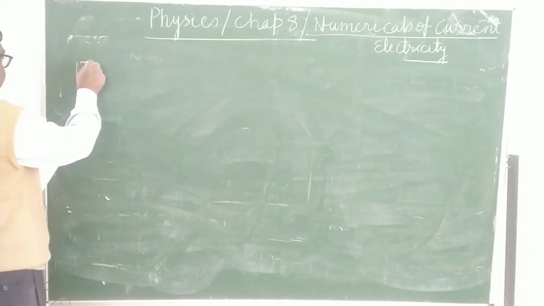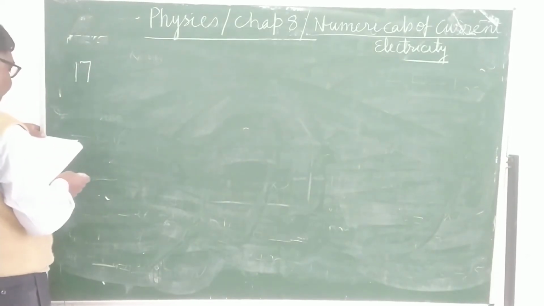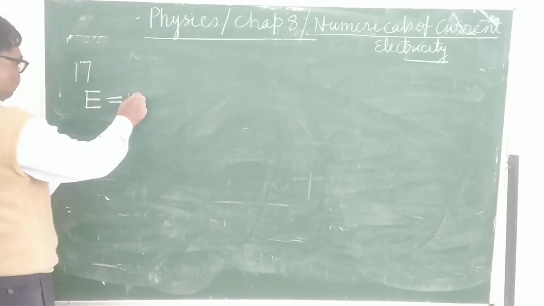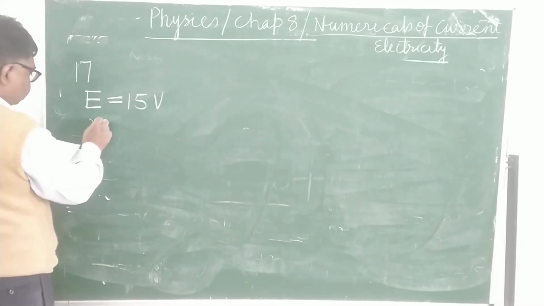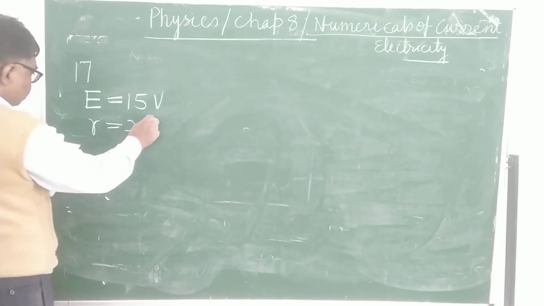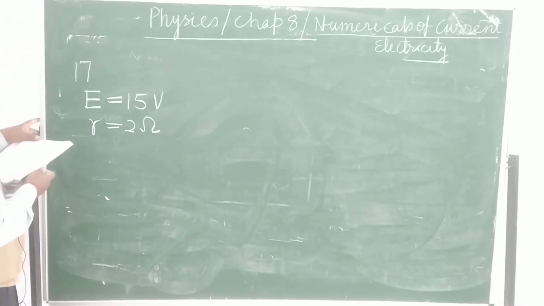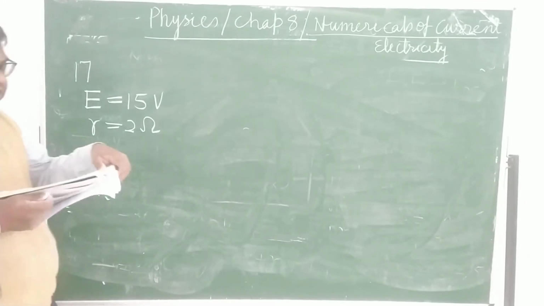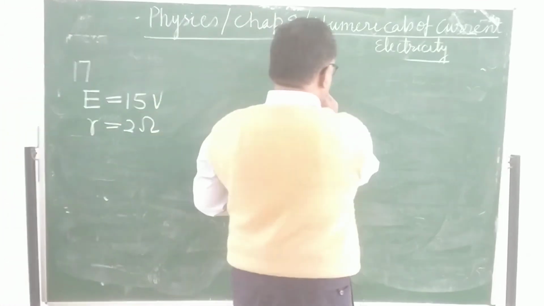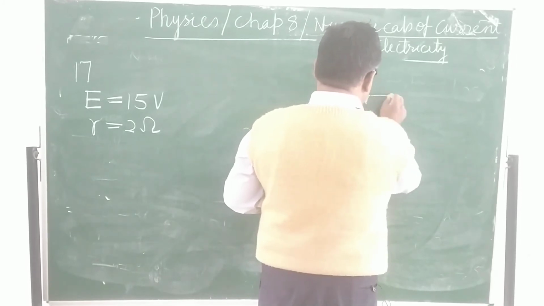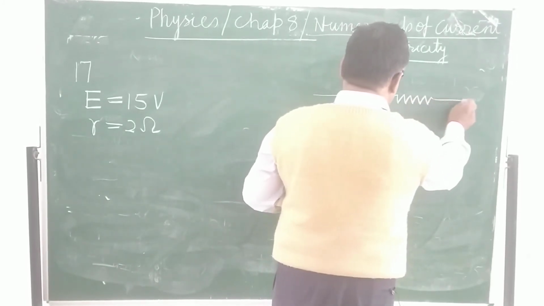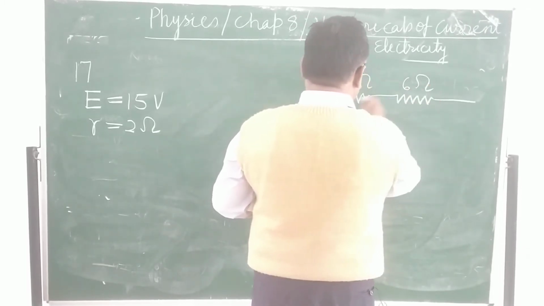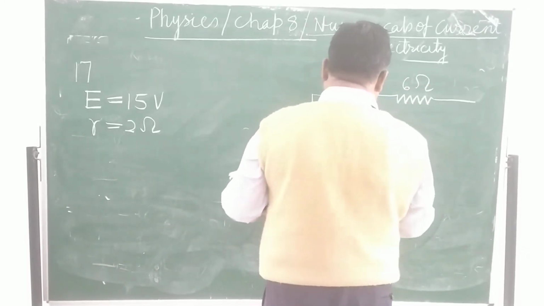Question number 17. A battery of EMF 15 volt, E equals 15 volt, and internal resistance small r equals 2 ohm is connected to two resistors of resistances 4 ohm and 6 ohm joined in series.